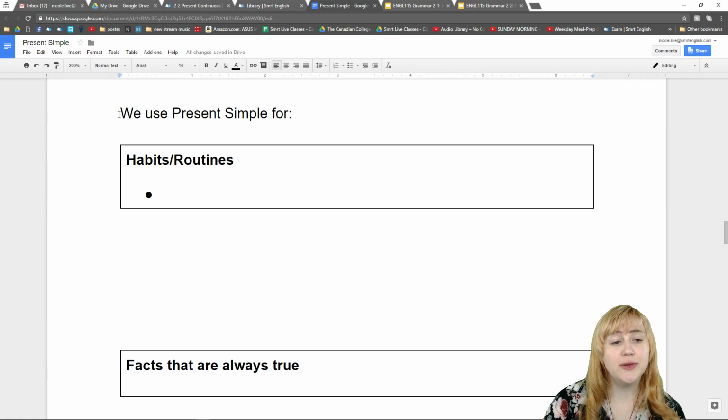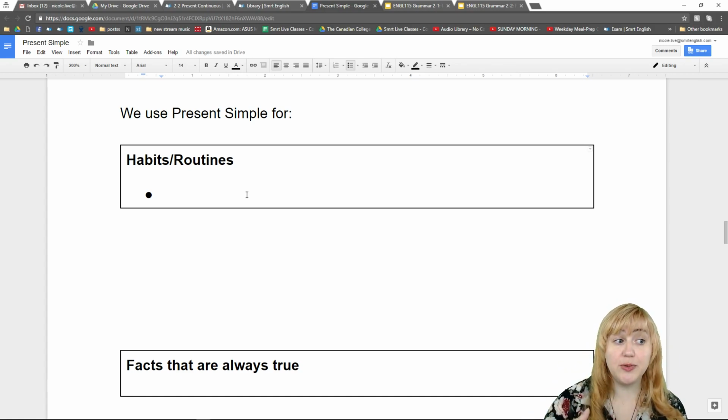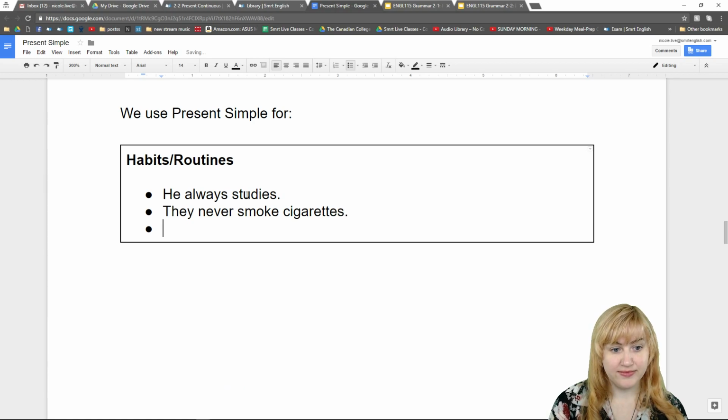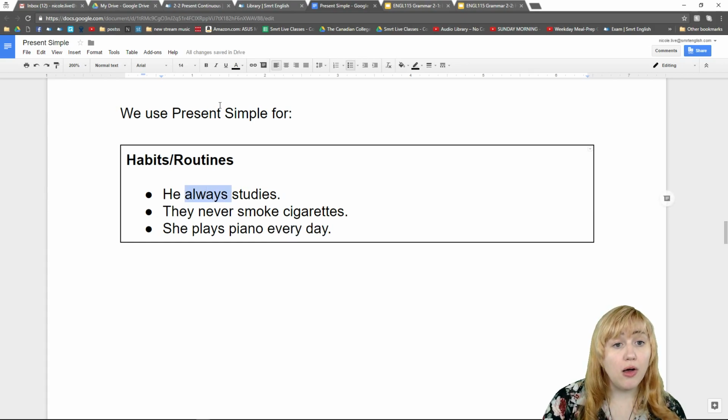Okay, so again, we use present simple for habits and routines. So habits and routines, again, are something that you do again and again for a long time. Like we say, he always studies, or they never smoke cigarettes, or she plays piano every day. So always, never, and every day.